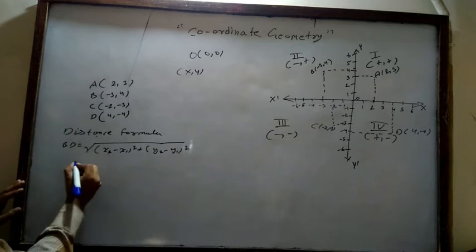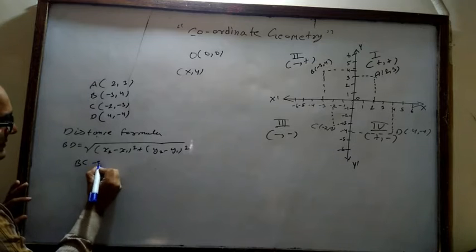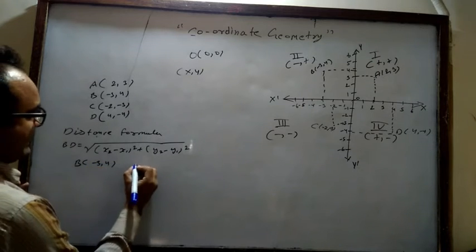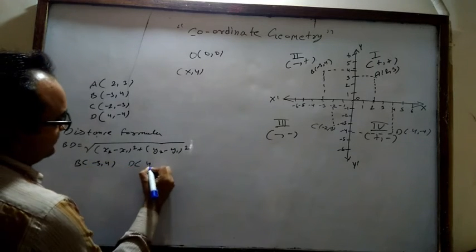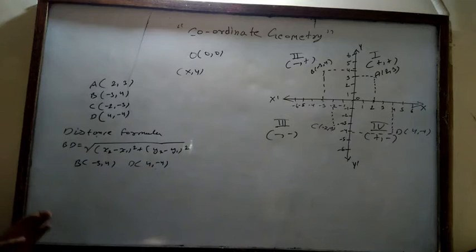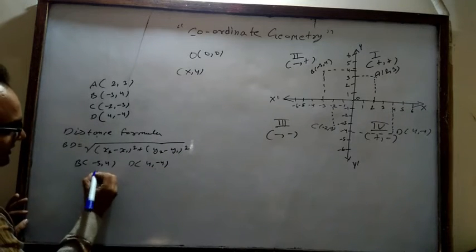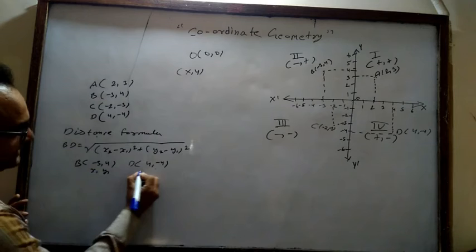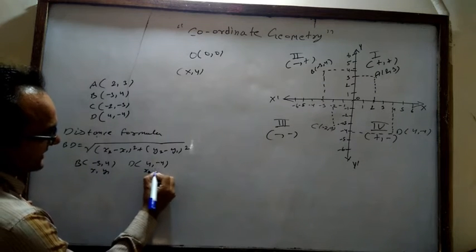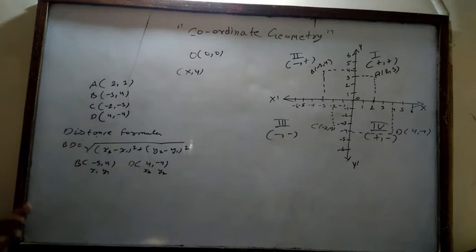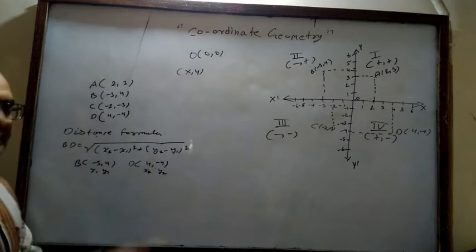Here b is minus 3 comma 4 and d is 4 comma minus 4. Point b is x1, y1, and point d is x2, y2.